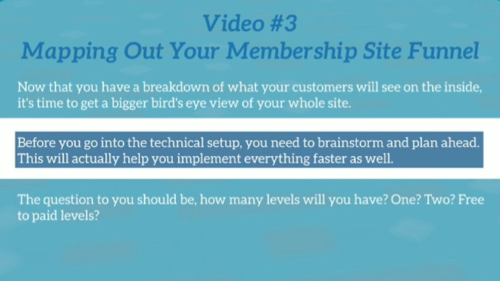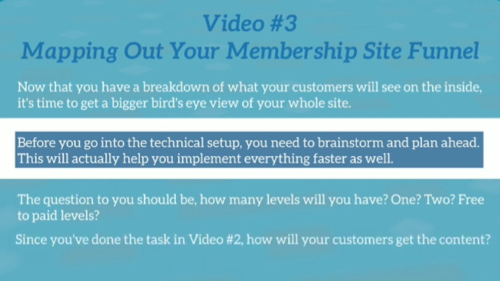And aside from what you did in video number 2, this allows you to see what kind of front-end offers, upsells, and one-time offers you have, and how you can segment people into those different levels or different pages. And if you're able to map things out now, it's going to make life a lot easier when you begin to implement everything.